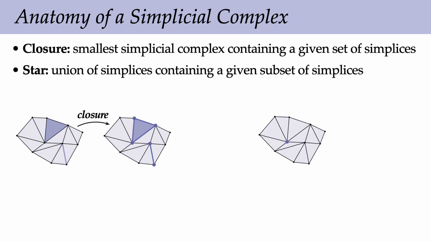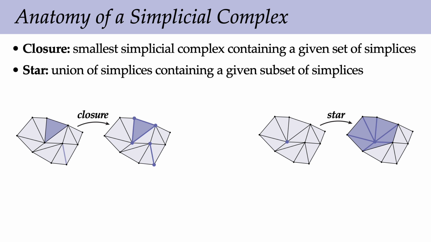So for instance, if I have a vertex, then the star of that vertex is all the simplices that contain that vertex. It's all the triangles that touch the vertex and all the edges that touch that vertex. But you notice it's not, for instance, all the edges that go around the boundary of this dark blue region, because those edges don't contain my initial vertex. Okay?